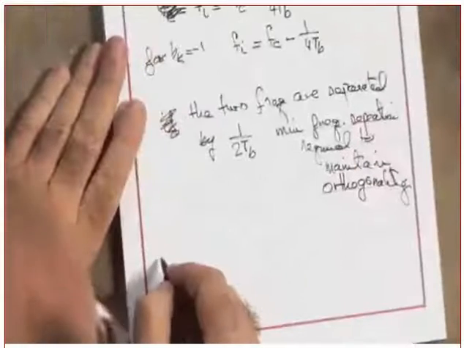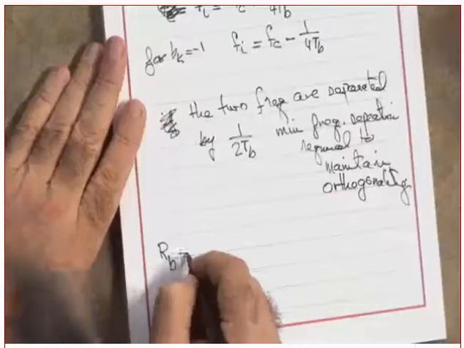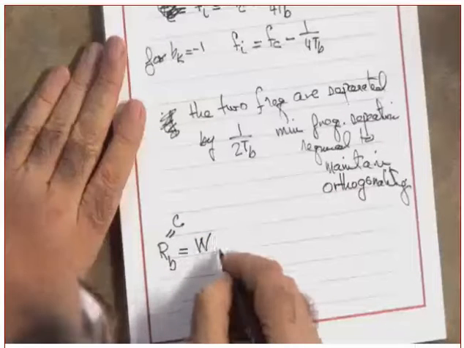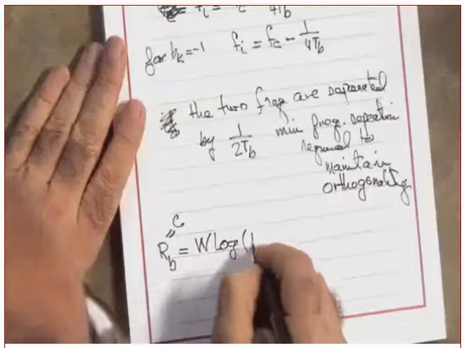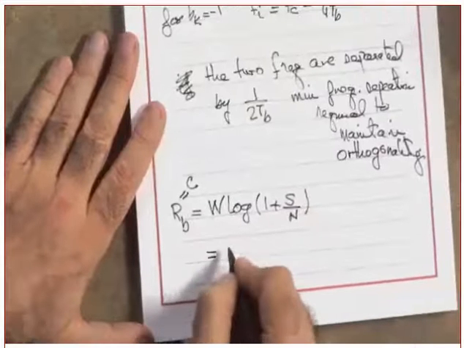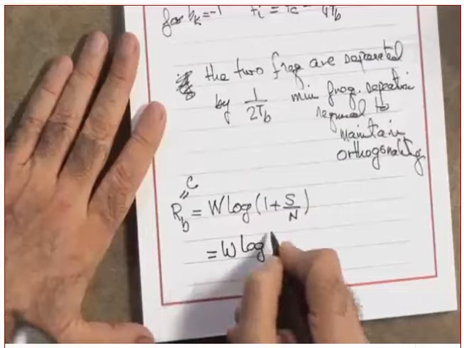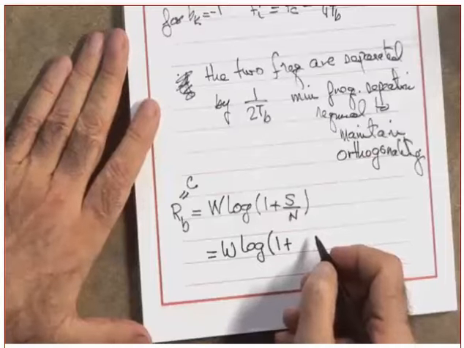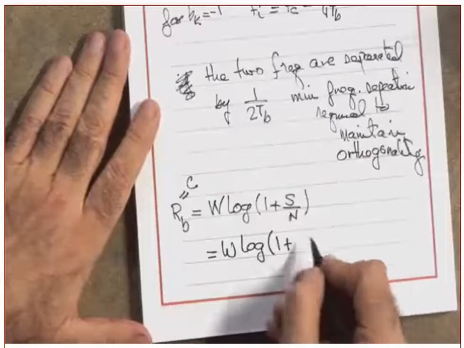Now, in this equation, you have RB is equal to, assume the RB equal to C, W log 1 plus the signal to noise ratio. How do you modify this? W log 1 plus, what is the signal to noise ratio in terms of Eb over N0? Are they the same? No. So what is it?